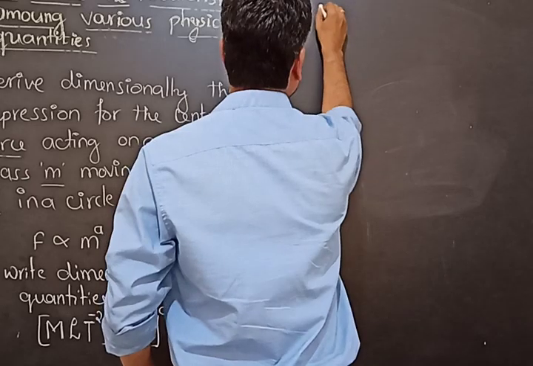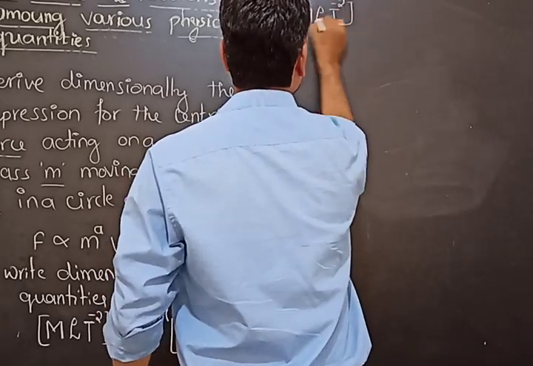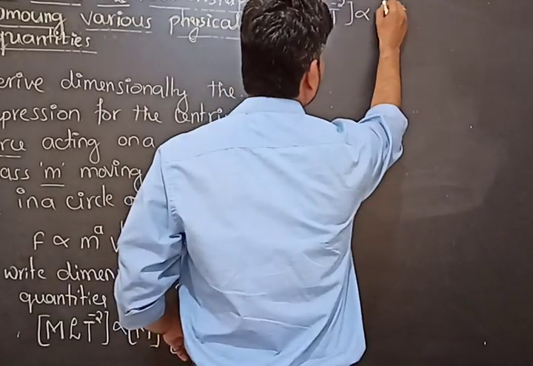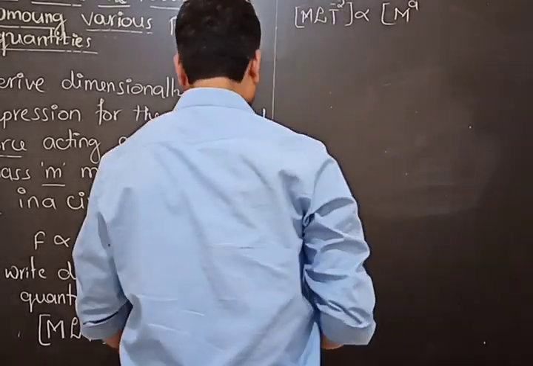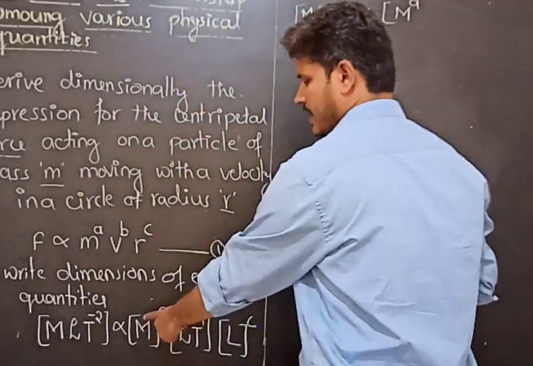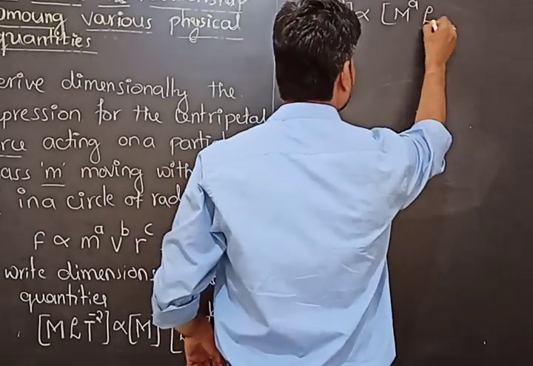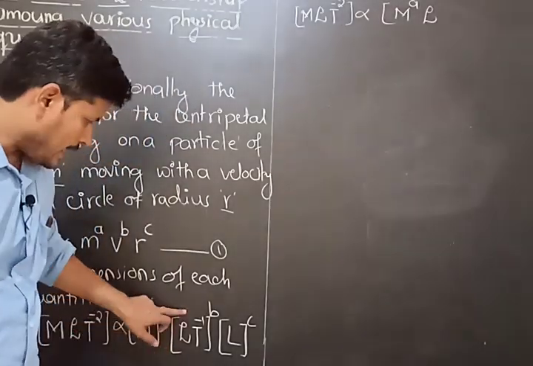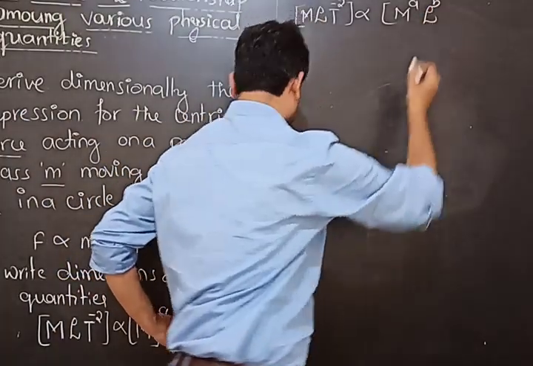M L t raised to -2 is proportional to m raised to 1 into a, that is m raised to a. Next, L raised to 1 into b, L raised to b.